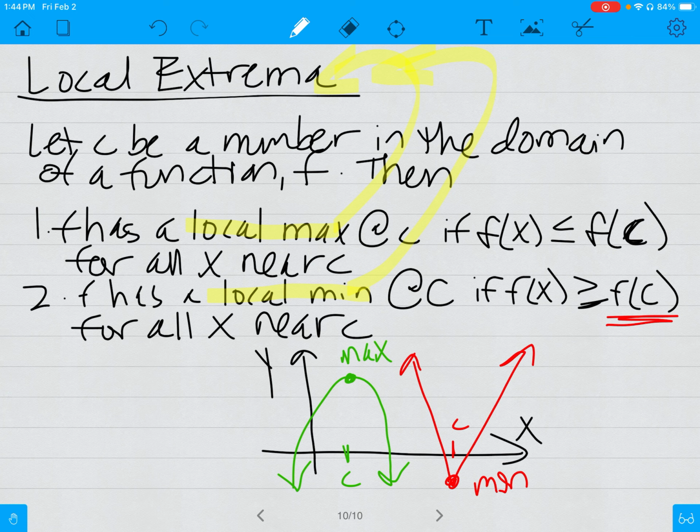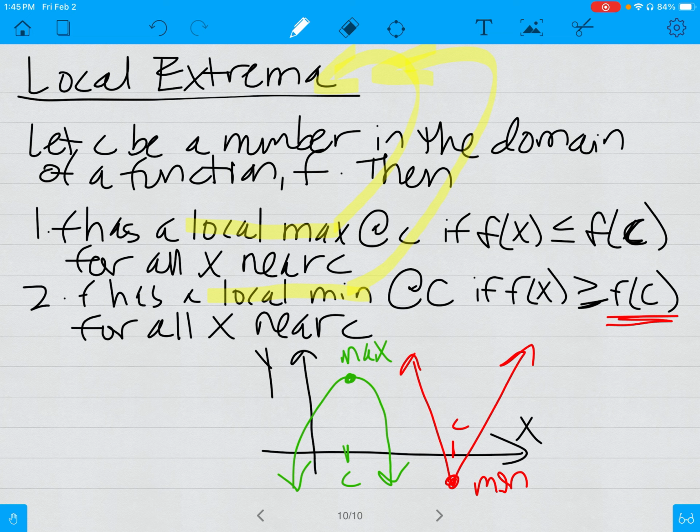One thing is the critical numbers. If f has a local extremum at a value, that value has to be a critical number. Okay, so that's the way that we're going to go looking for local extrema, is by looking at critical numbers.